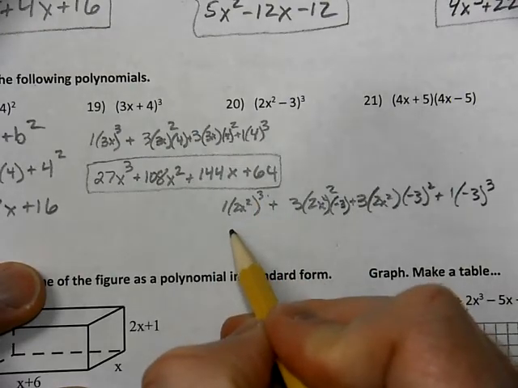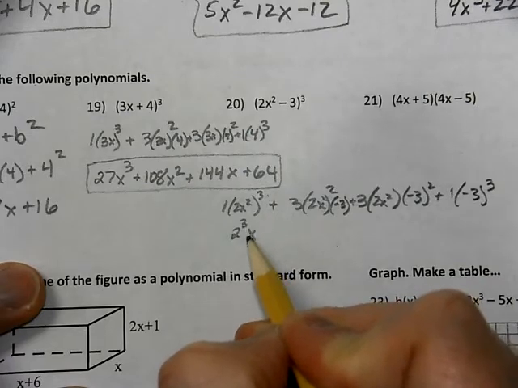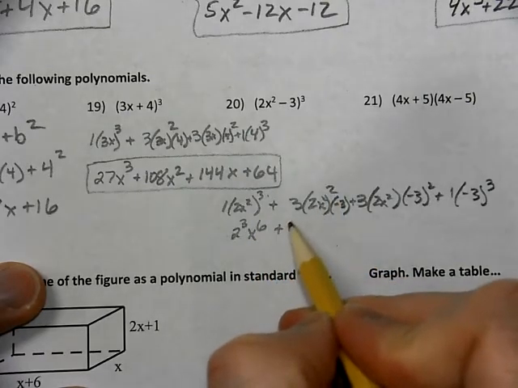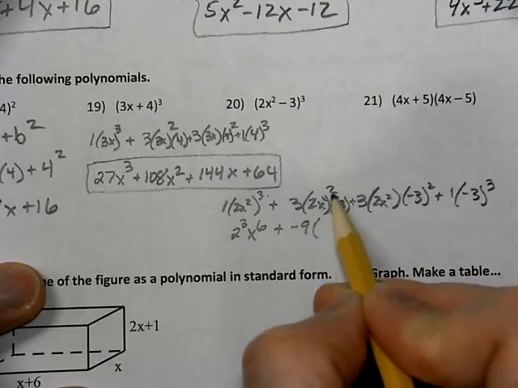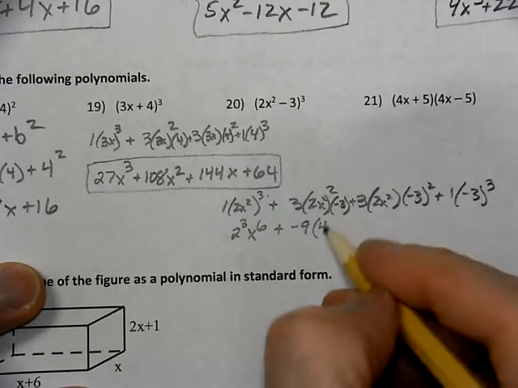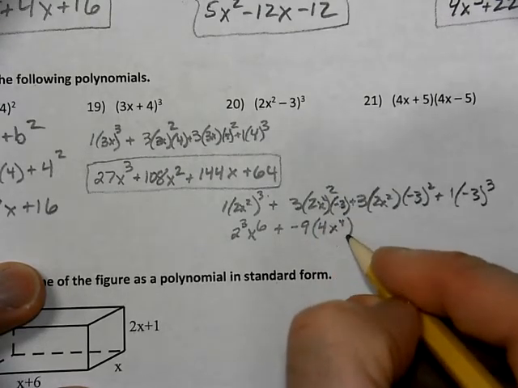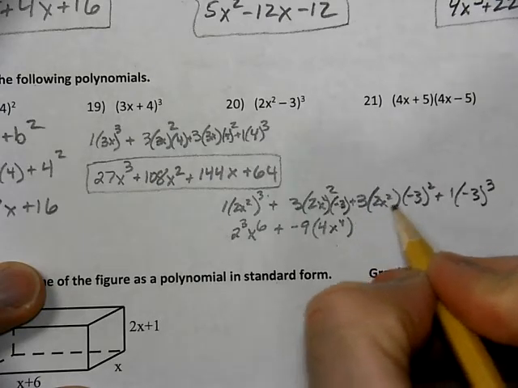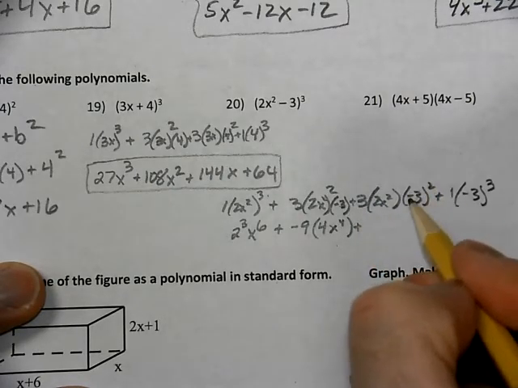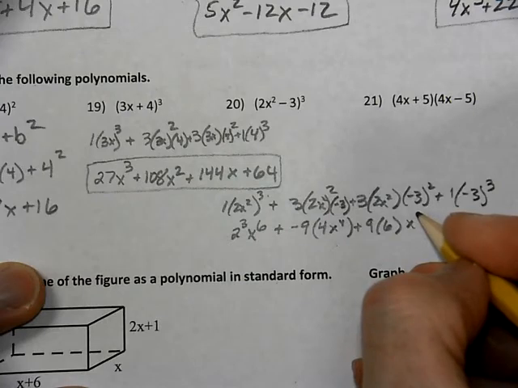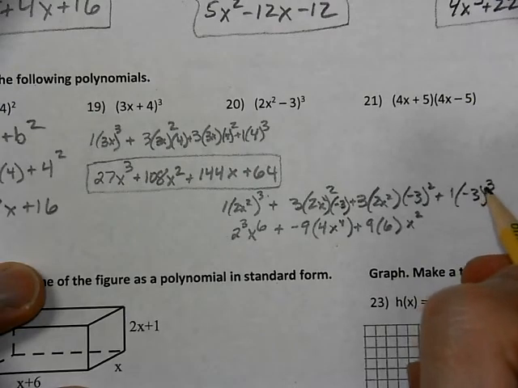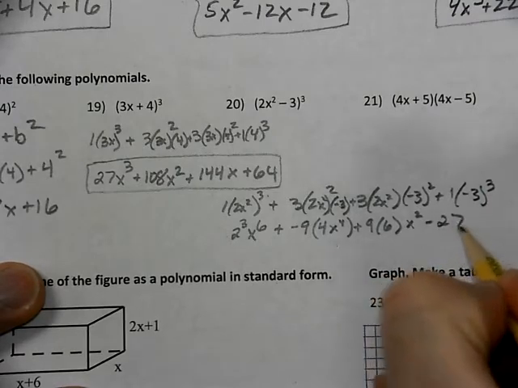So this is going to become 2 to the third power x to the sixth. This will become negative 9, 2 squared is 4, x to the fourth. This will become 9 times 6 with an x squared, and 3 to the third power is 27, and it'll be a negative 27.